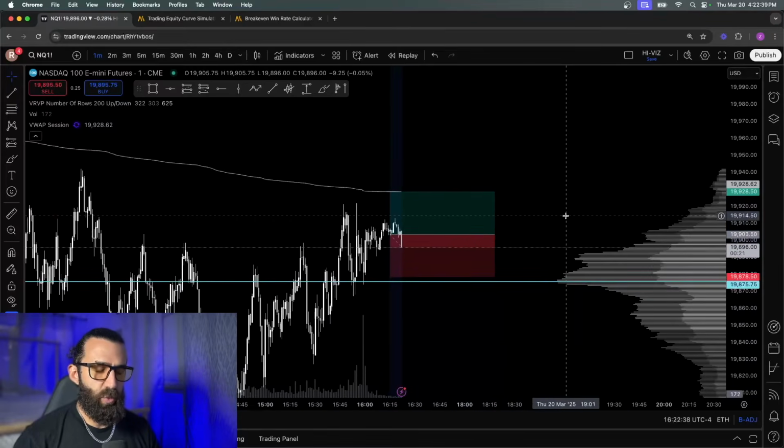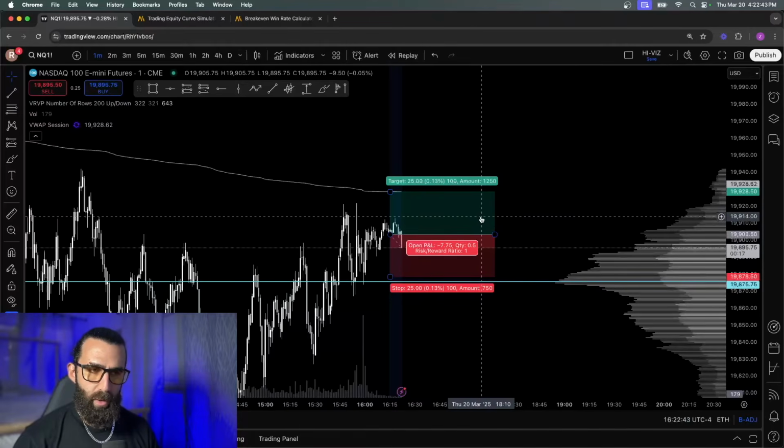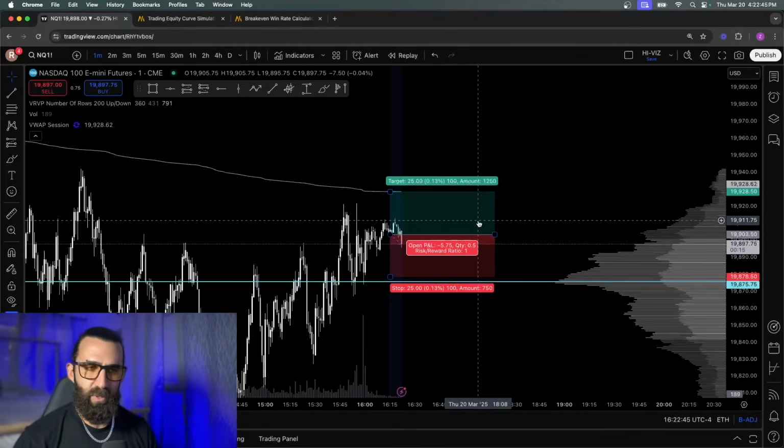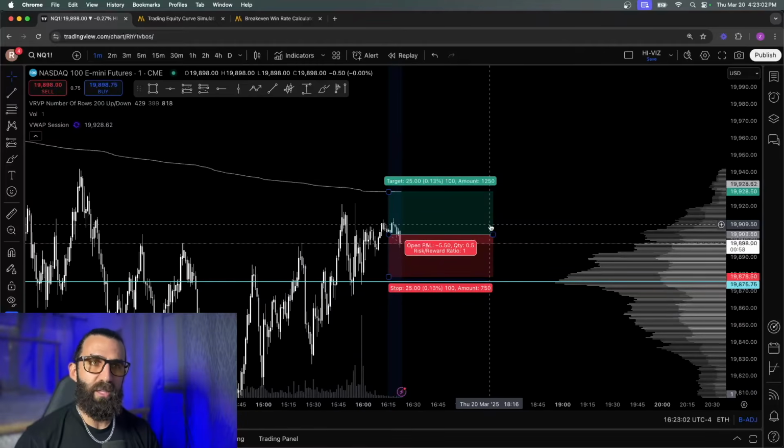If those conditions were true and we entered randomly with a 1-to-1, randomly meaning we entered buy or sell completely random, we should end up over a large enough sample size at a 50% win rate. We should win as much as we're losing and we should end up break even. The break even win rate on a 1-to-1 is 50%.